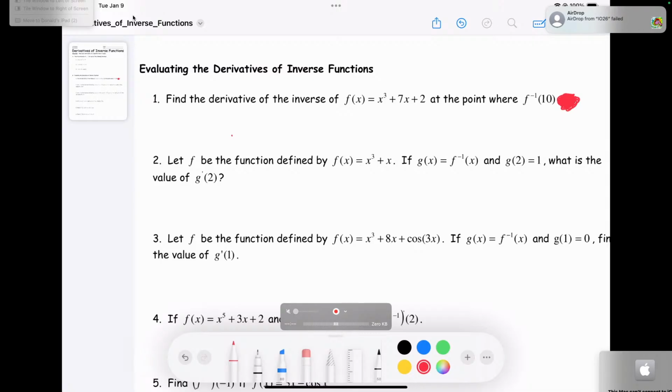That means the output of the regular function. Yes, you can guess from -2 to +2.